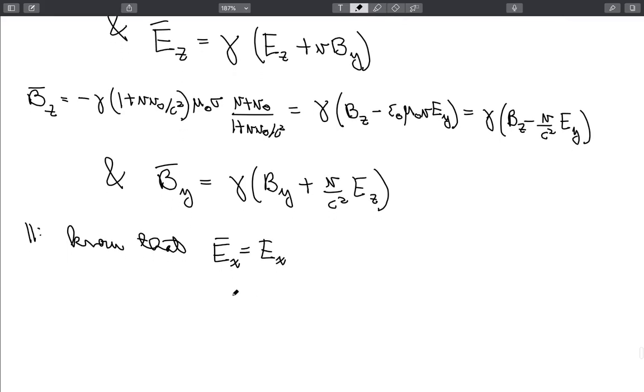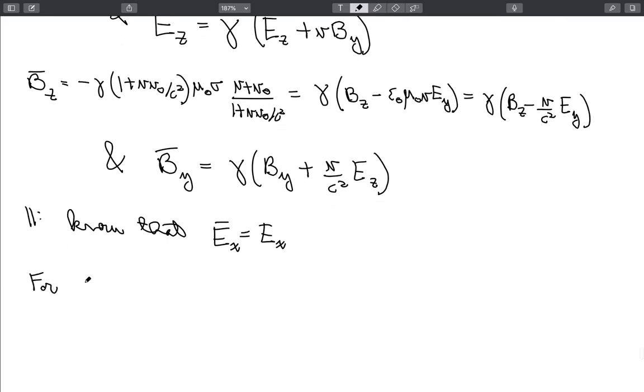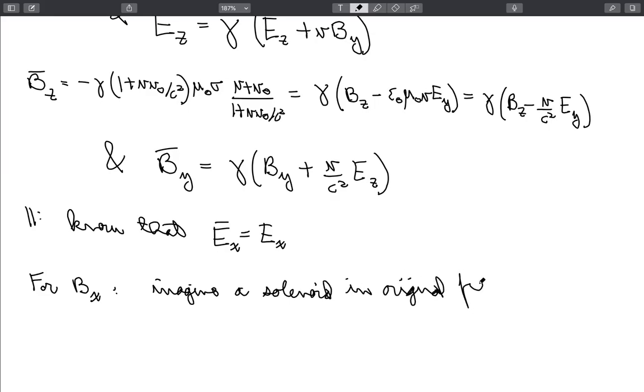Okay, so for B_x, we have to play a different game. So we imagine that there is a solenoid in the original frame. So the solenoid will generate magnetic field along the x direction, okay? And the particle is moving inside the solenoid, and the magnetic field inside the solenoid is independent of the position inside the solenoid.